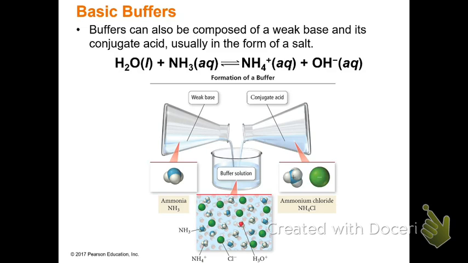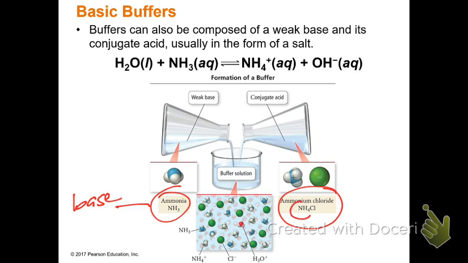acid. Okay, so an example here is if you were to mix ammonia, which is a base, with ammonium chloride, which contains the conjugate acid in the form of a salt.